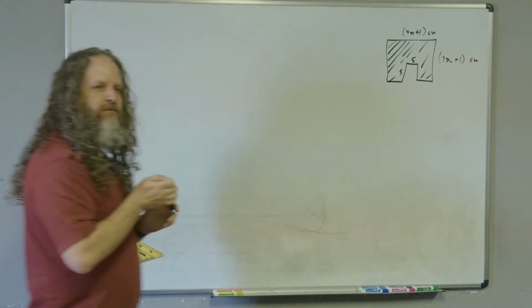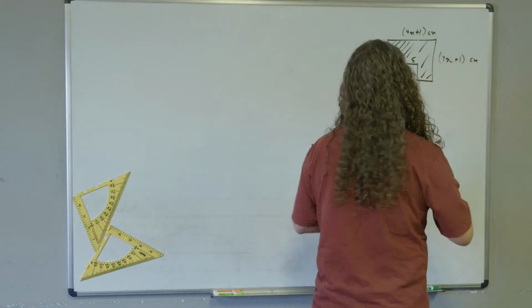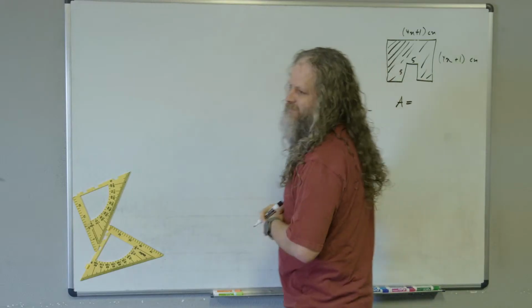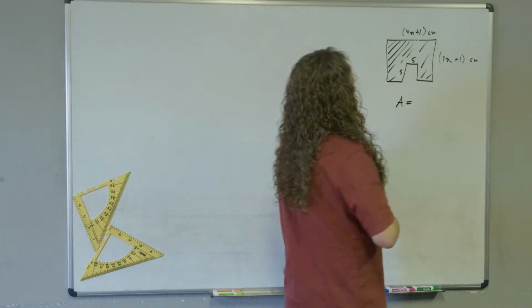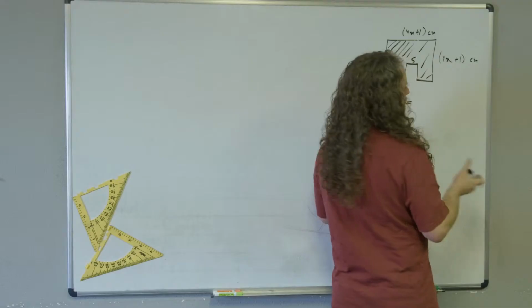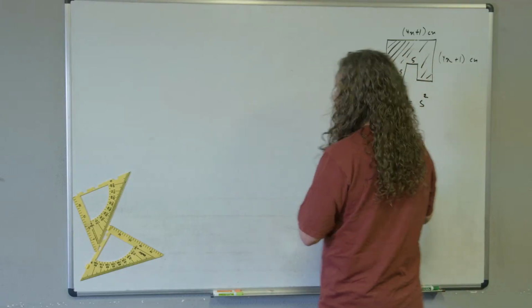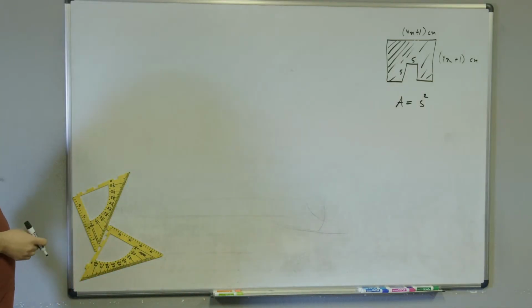Area. Yes, how do you find the area of a square? Length times width. They're the same in a square, so you could say side times side or side squared, right? True enough, easy peasy.